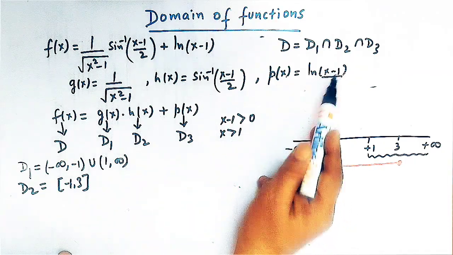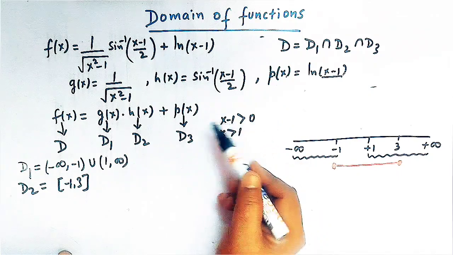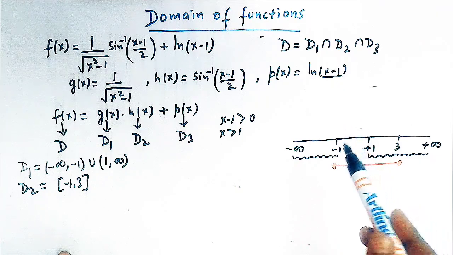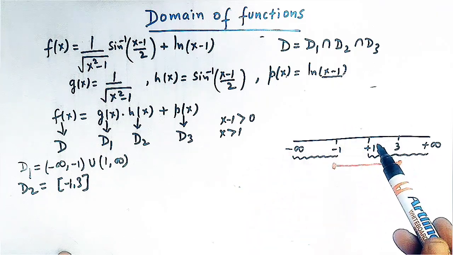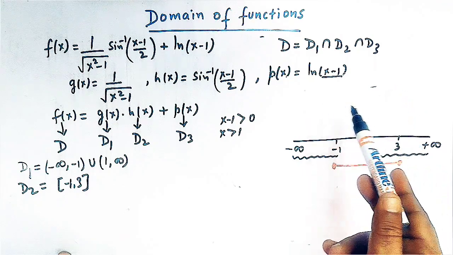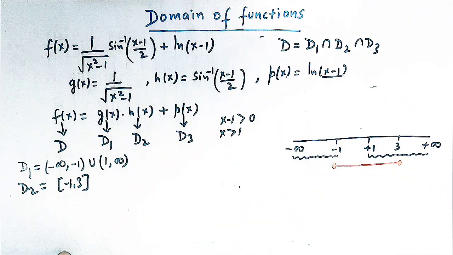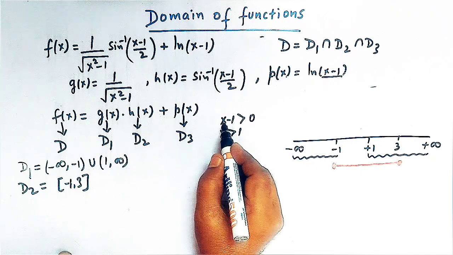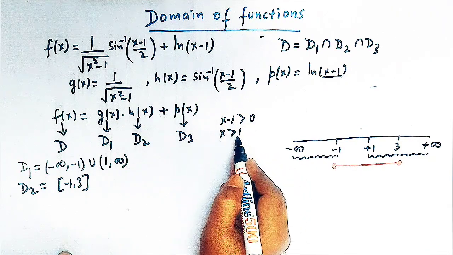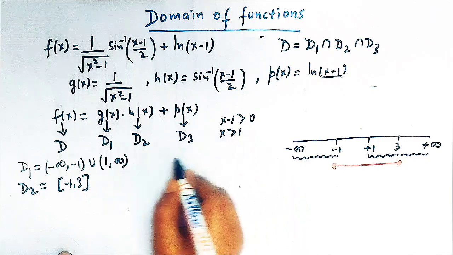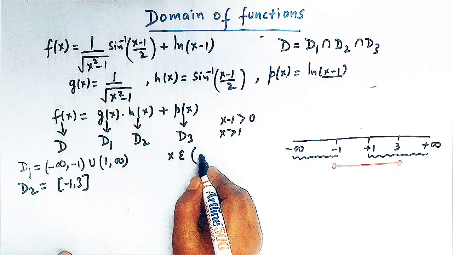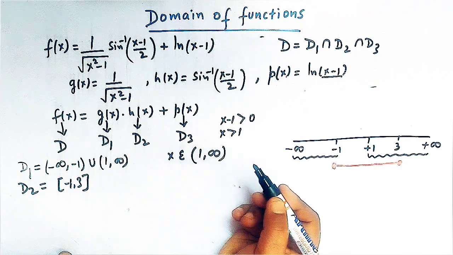Here x minus 1 should be a positive quantity, because the natural log of positive quantities is defined in the set of real numbers, and the log of negative quantities is defined in the set of complex numbers. So solving this inequality, we have x greater than 1. This implies that x belongs to this interval, from 1 to infinity, right?